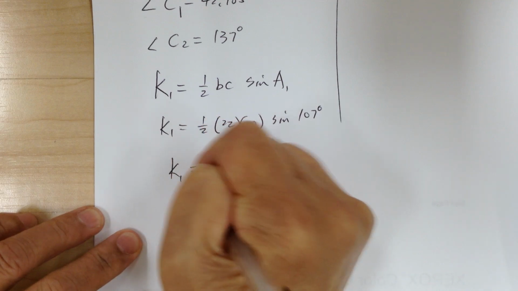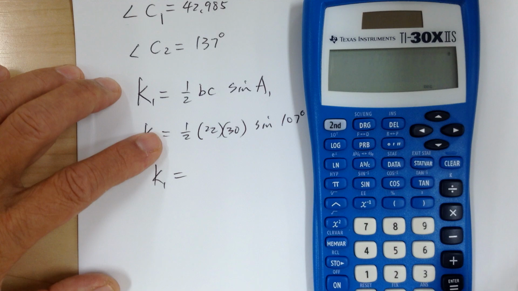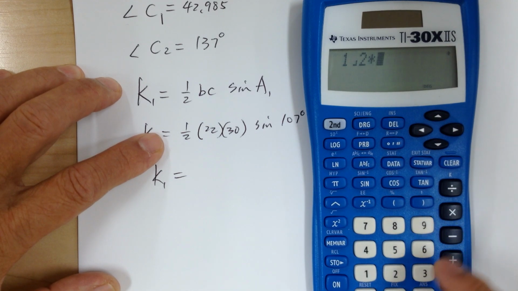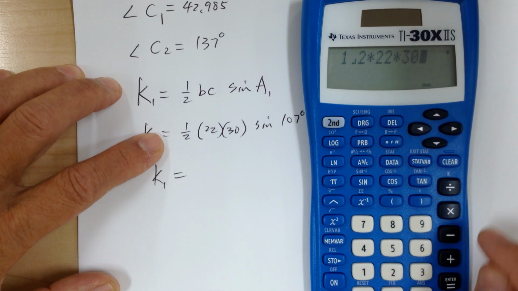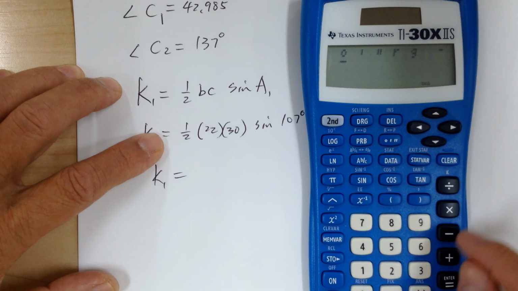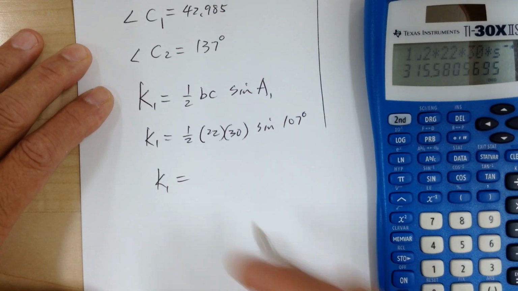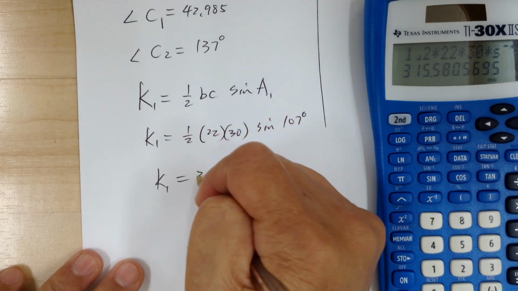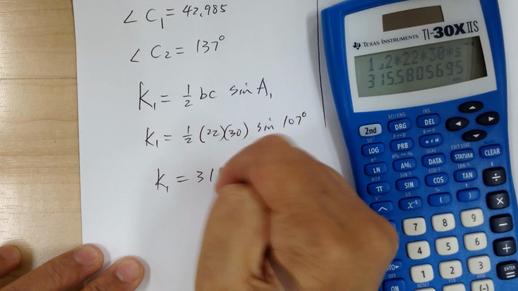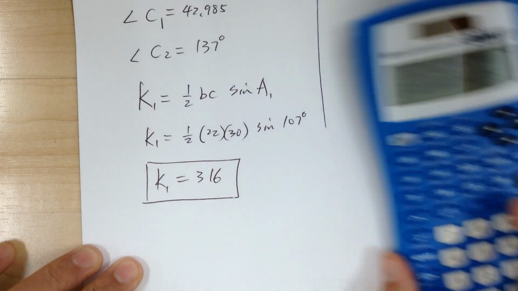Sometimes you get two possible triangles, so you get two possible answers. So 1/2 times 22 times 30 times sine of 107 degrees equals 315.58, round it off to 316, and add the label. So that's one possibility.